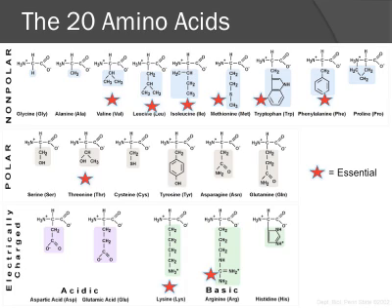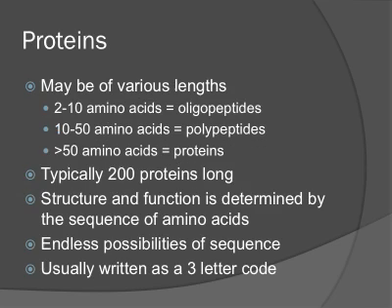You can see that the variations are endless. We can have so many different combinations of these amino acids all working in different ways. That is why, when we're looking at proteins, the structure and the function is determined by the sequence of your amino acids. It just depends on what order, which one you start with, which one you end with, which ones are in the middle. And again, 200 amino acids long gives you endless possibilities.